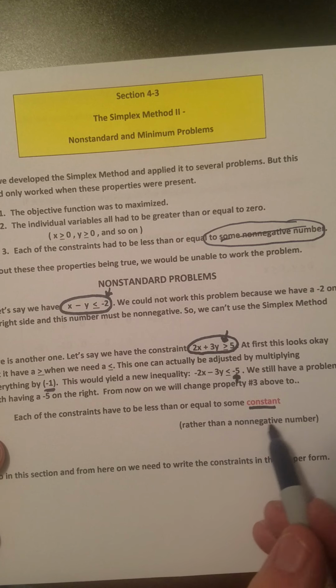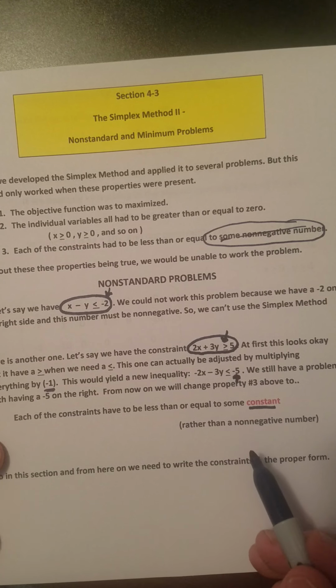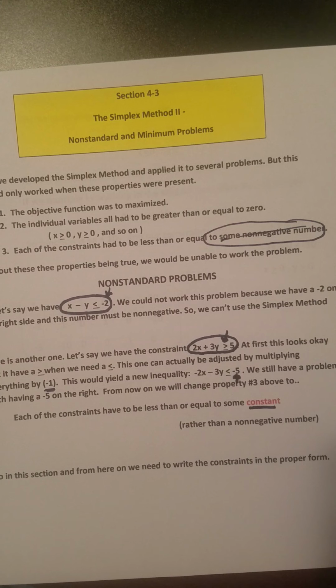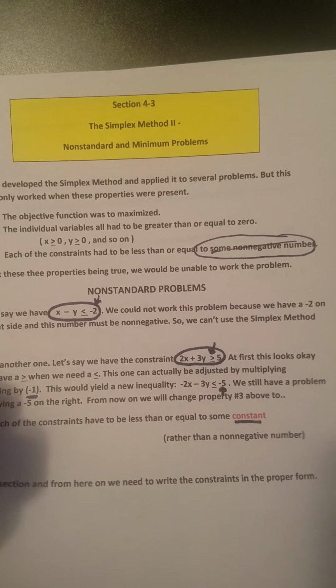So rather than being non-negative, it's a constant. What's a constant? Math-wise, that just means a number, but it could be any number now. So the first part of this lesson is being able to take constraints that are not in the form we want and put them in the form we want.